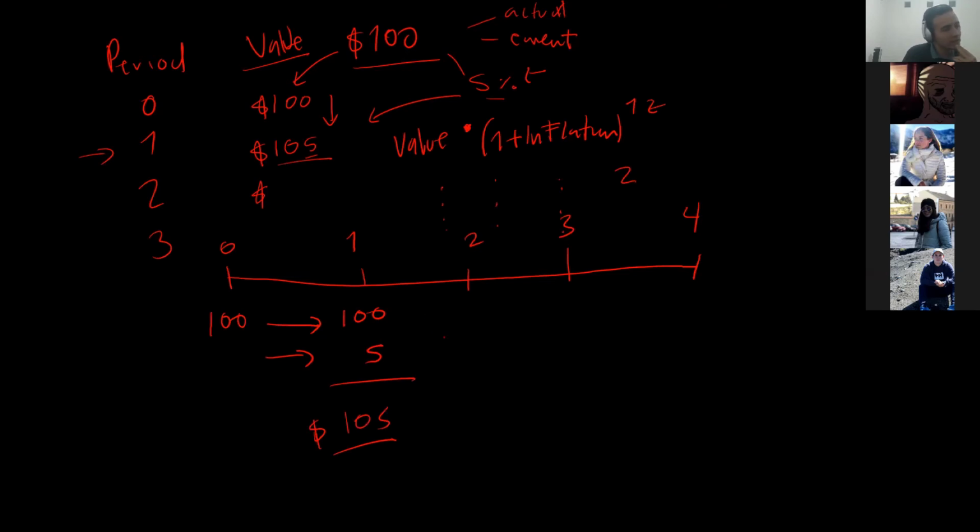Now, for the next one, you need to add the 100 pesos here because this one is moving between periods. Then you need to again add the 5% that the 100 generates, and then a new 5% that this 100 generates here. That will be another 5 pesos.